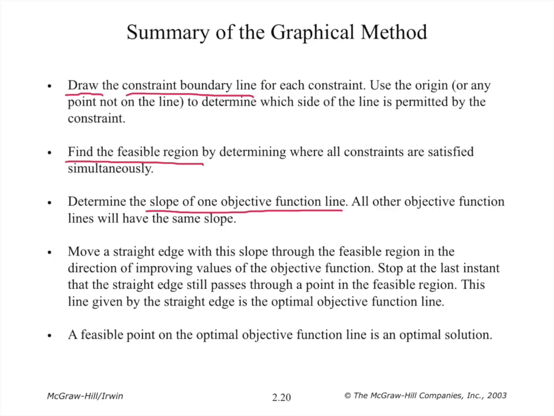Stop at the last instant that the straight edge still passes through a point in the feasible region. The line given by the straight edge is the optimal objective function line. The feasible point on the optimal objective line is an optimal solution. That is the summary of the graphical method.